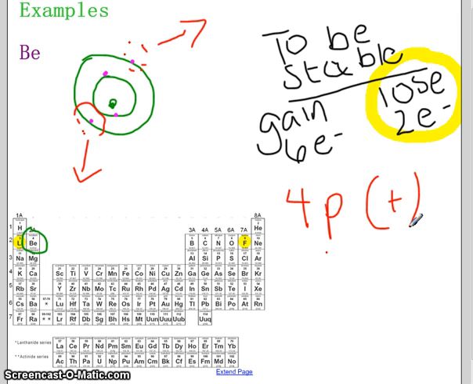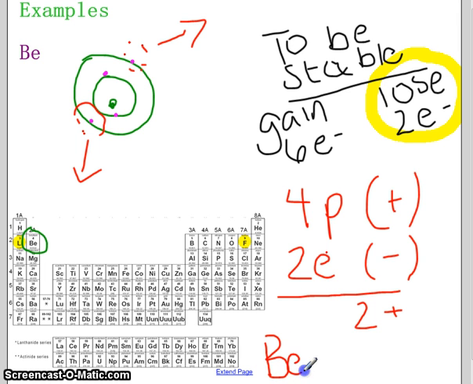When it loses those 2 electrons, now it only has 2 electrons left. 2 negatives. 4 positives and 2 negatives means we have 2 positives left over. So that means beryllium will now have a charge of positive 2. If it's not 1, you have to show the number with it. That way we know beryllium lost 2 electrons.